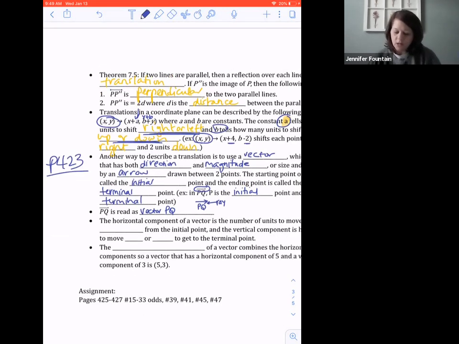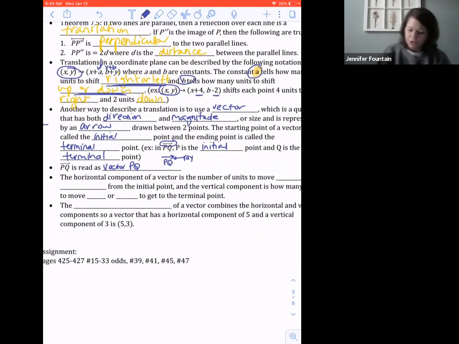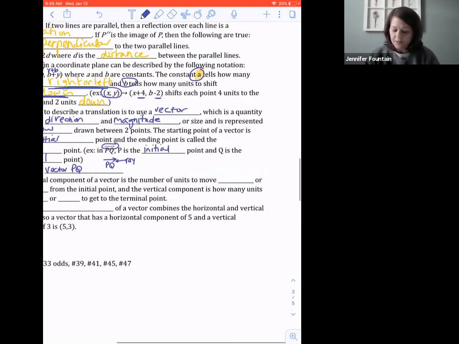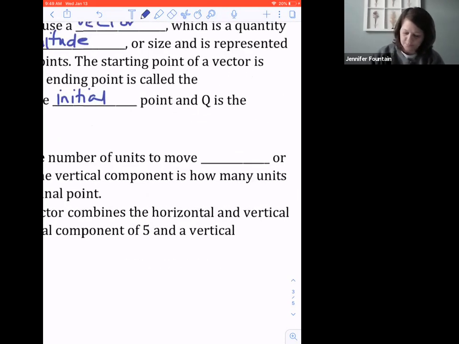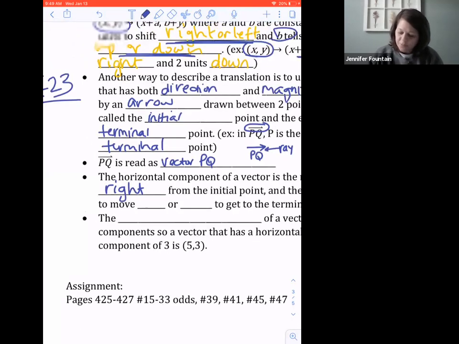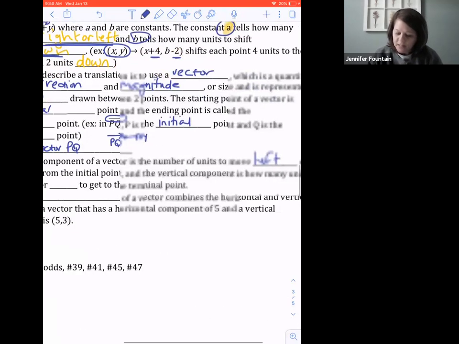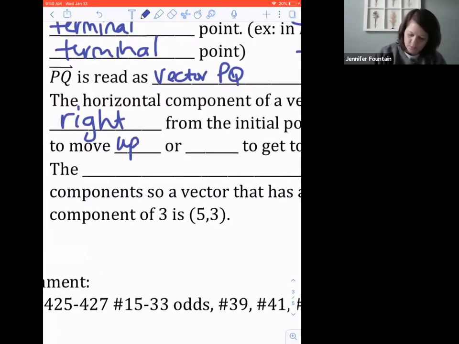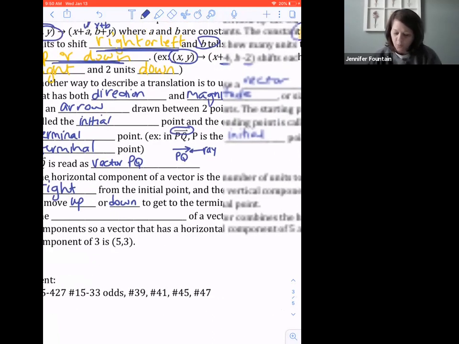Now it says the horizontal component of a vector is the number of units to move left or right from the initial point. So horizontal, left or right from the initial point, and the vertical component is how many units to move up or down to get the terminal point.